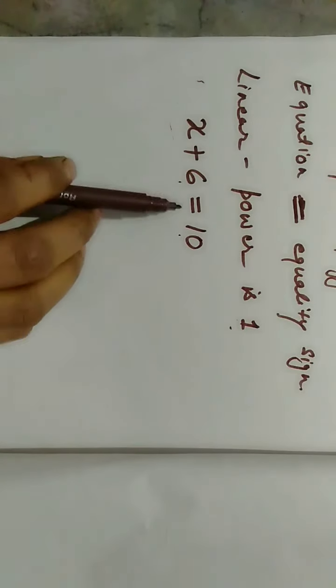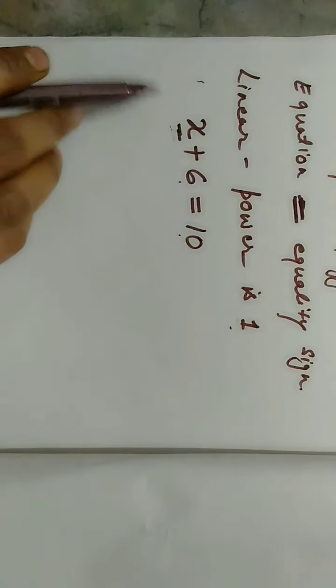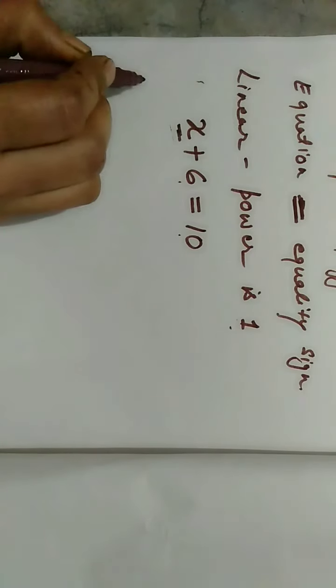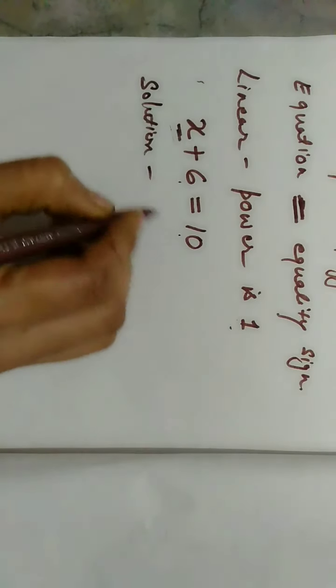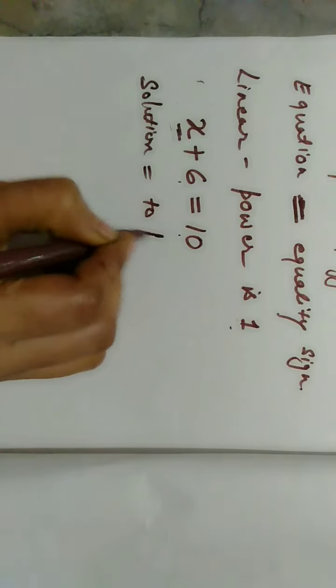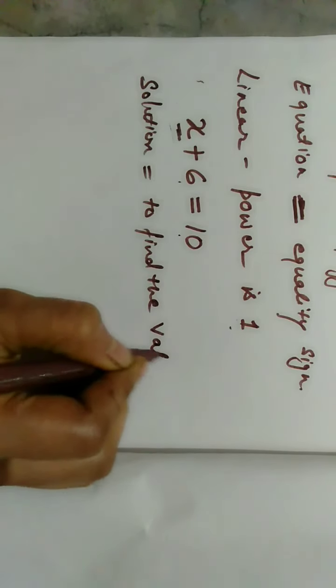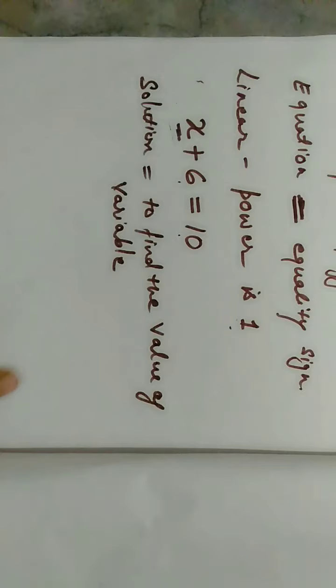Then if it is an equation, we can find out the value of x, and so there is a method to find the solution. The solution means to find the value of the variable.